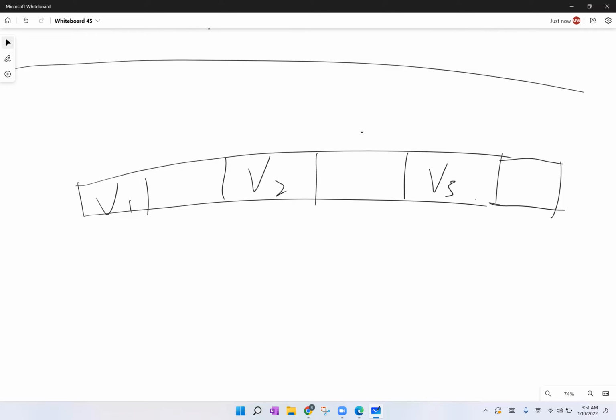You need to tell where V1 starts and where V2 ends. And if you put them together, that's not something you already know.